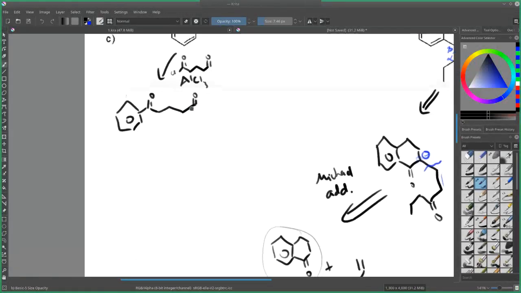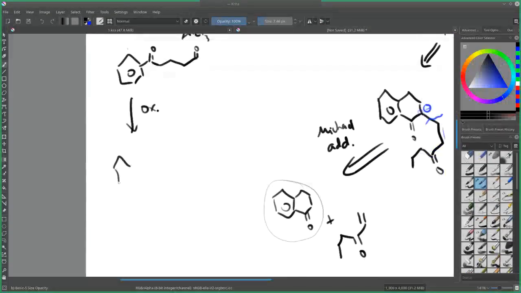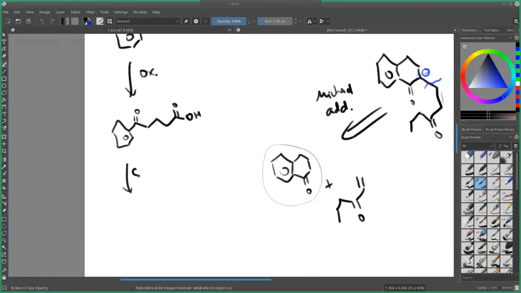Okay, and maybe now from here you can do some oxidation, and all right, now you have an alcohol. Okay, SOCl2. So now you have everything and an acid chloride.